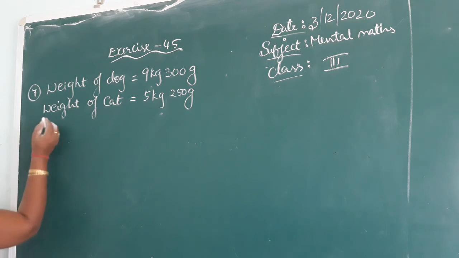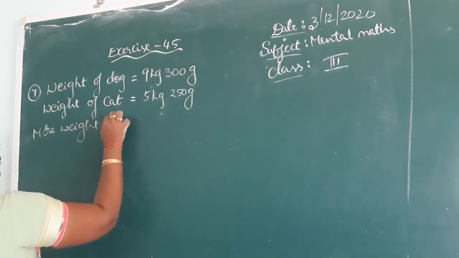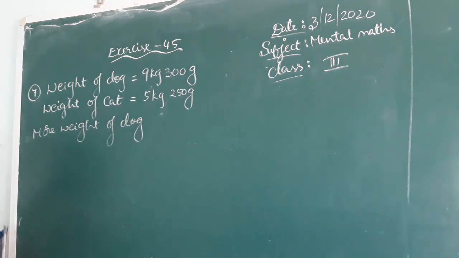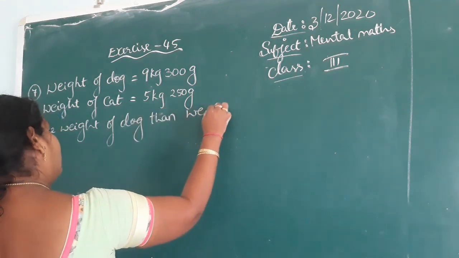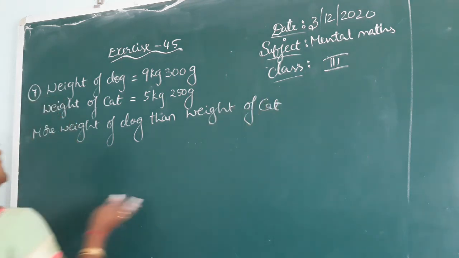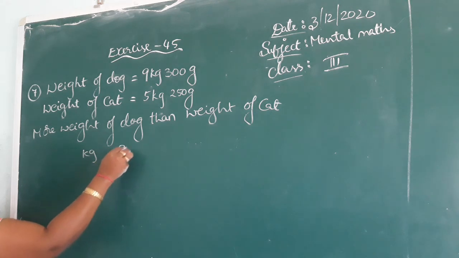So the more weight of the dog than the weight of the cat, that means the difference in weights. How will you find kg, grams?